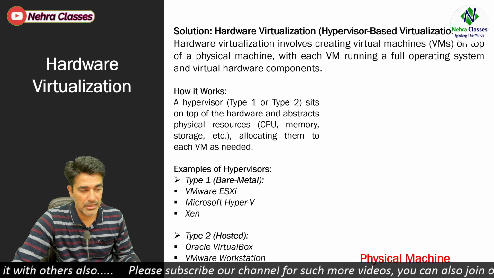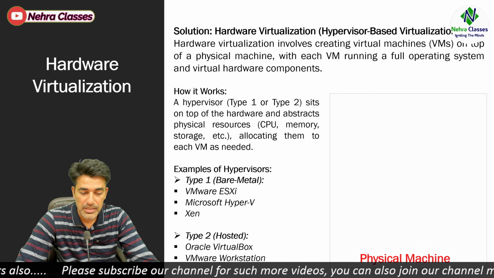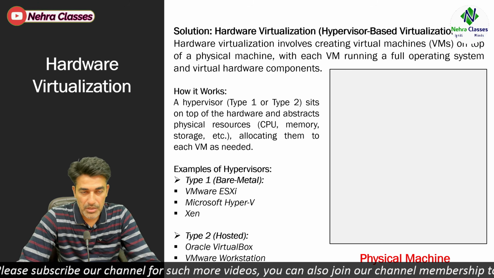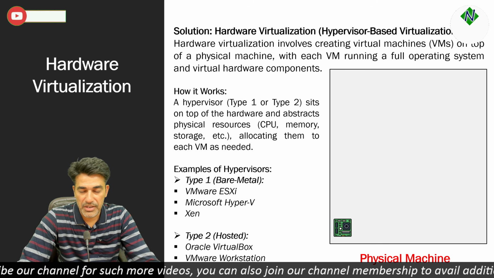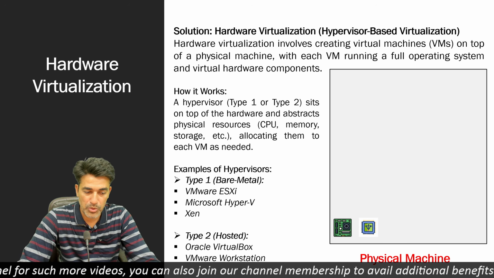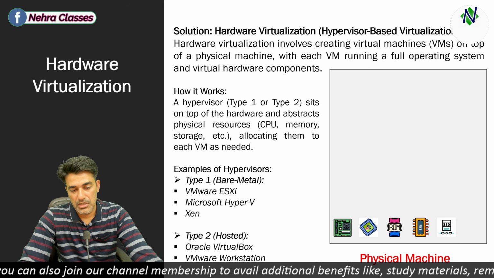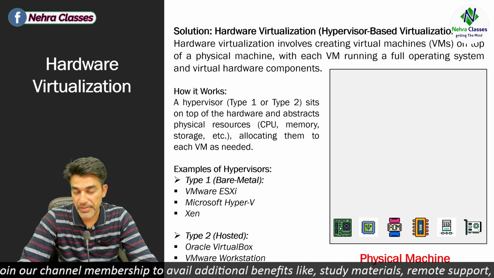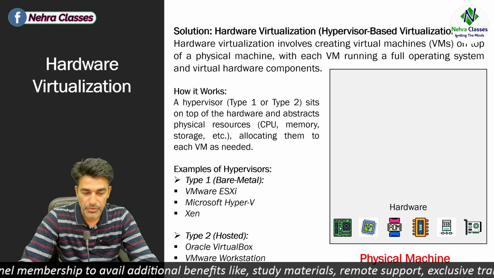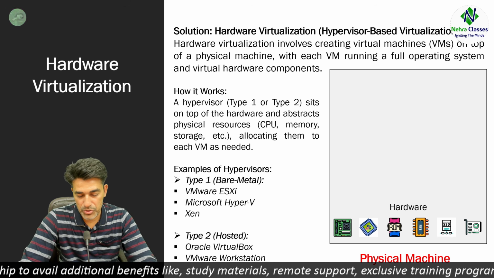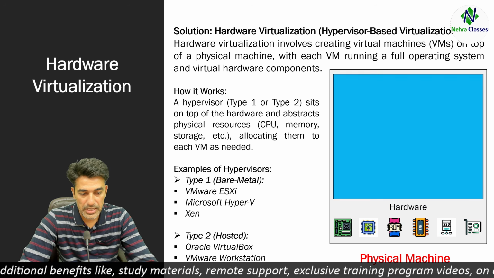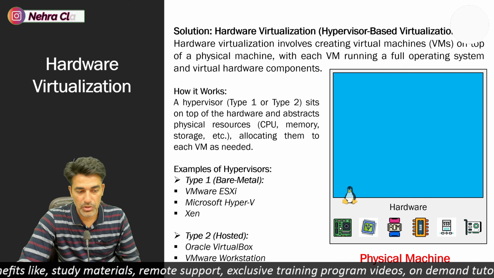So what this hypervisor actually does, suppose we have a physical machine, that means we have the hardware resources like motherboard, CPU, ROM, RAM, secondary storage, network interface controller. So we have hardware resources on our machine. On that physical machine, we install the operating system.